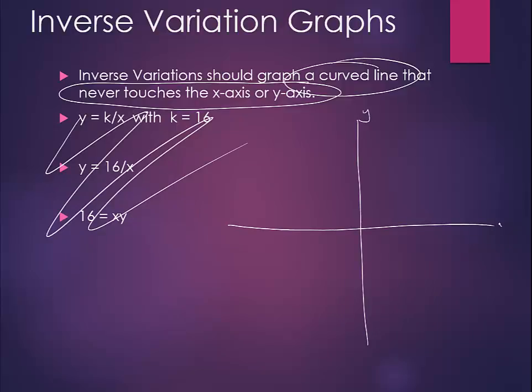So our y axis and our x axis. And let me show you what our curved line that never touches the x or y axis looks like. That's going to look just like this. Okay, so we have 2 curved lines that never touch the x or the y axis.